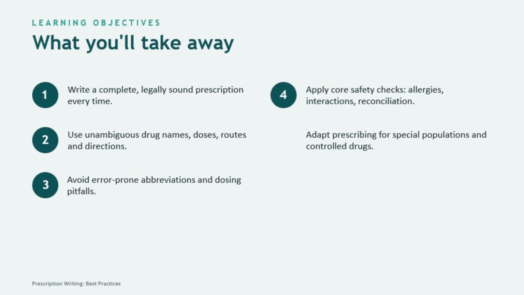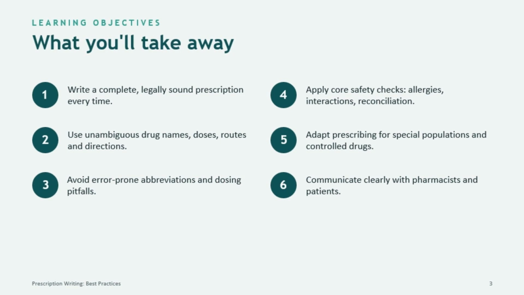So what will you take away today? By the end of this lecture, I want you to be able to do 6 things. First, write a complete, legally sound prescription every single time. Second, use unambiguous drug names, doses, routes and directions. Third, avoid the error-prone abbreviations and dosing pitfalls that trip up even seasoned clinicians.